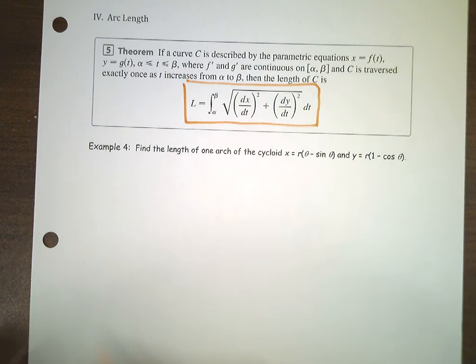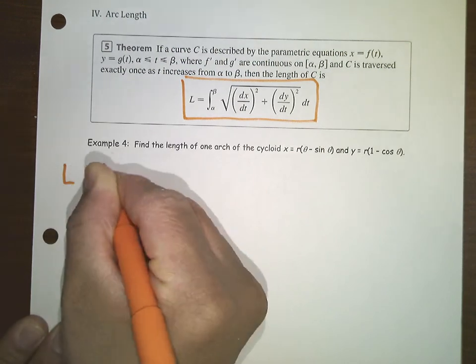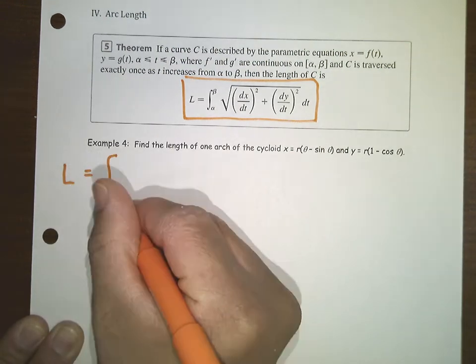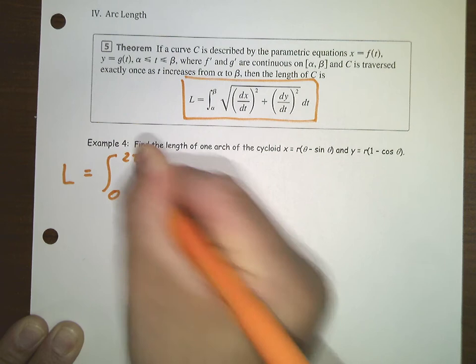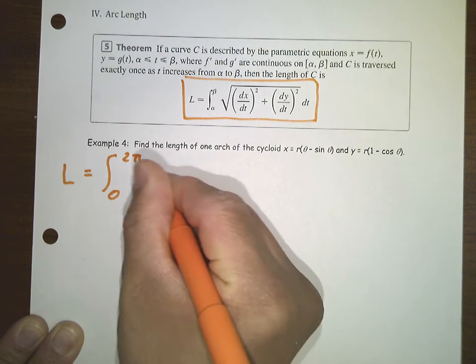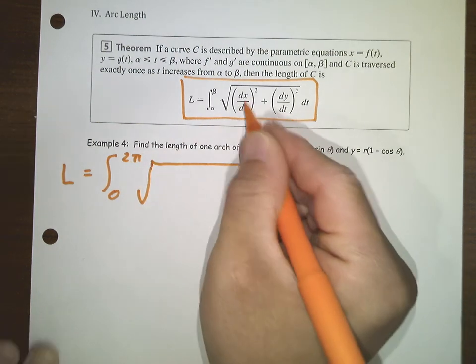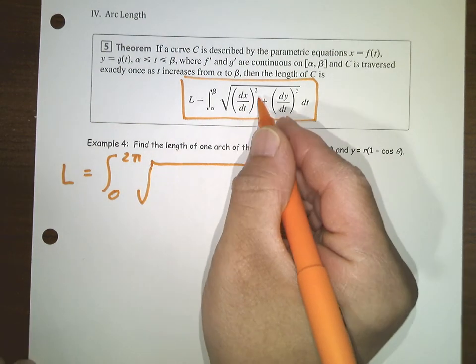So L, the arc length, is the integral from 0 to 2 pi of the square root of dx dt squared.